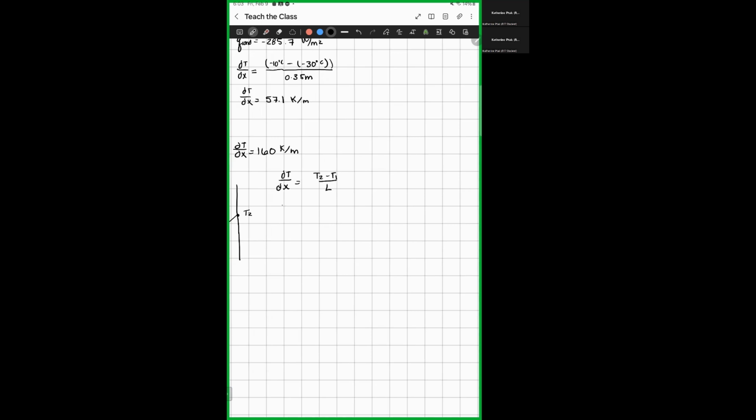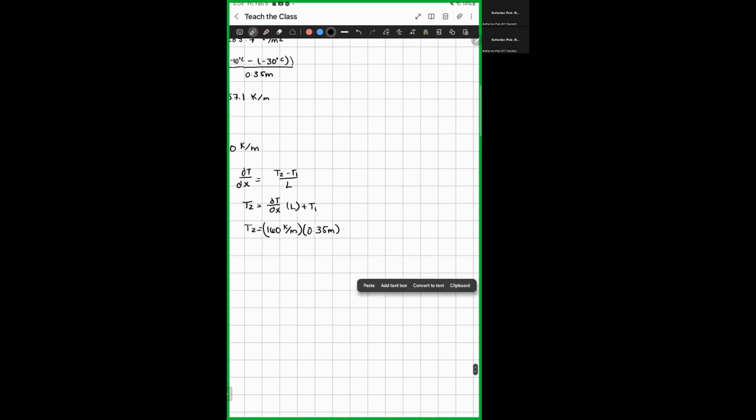And then when you work that out and do the math, T2 ends up equaling dT/dx times L plus T1. So T2 equals 160 Kelvin per meter times 0.35 meters. You see that the meters will cancel out and you'll just get Kelvin, which, because of the differences, can be just Celsius, plus the 70 degrees Celsius.